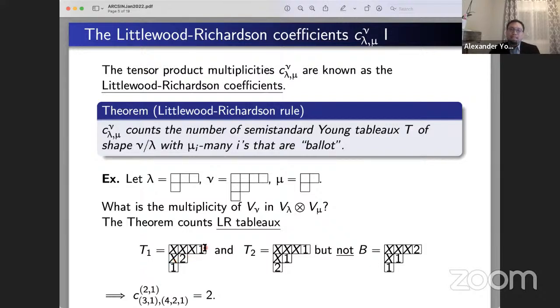And you'll notice in my example, I smartly set it up so the number of parkable spots, the 1, 2, and 1, are exactly the size of mu, the number of boxes of mu. And again, if that wasn't true, then by definition, the coefficient is 0. Okay, so in this case, mu has two boxes in the first row and 1 box in the second row.